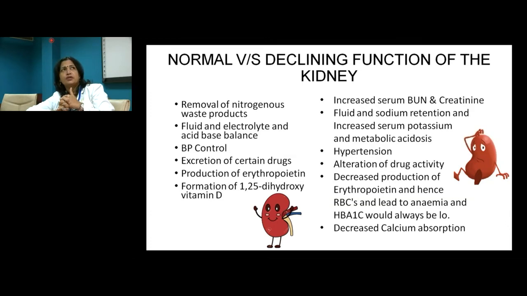It involves excretion of certain drugs, production of erythropoietin, and formation of 1,25 dihydroxy vitamin D. But when kidney function is declining, there is an increasing pattern of serum blood urea nitrogen and creatinine, fluid and sodium retention, increased serum potassium and metabolic acidosis, raised blood pressure, alteration of drug activity, and decreased production of erythropoietin and hence red blood cells, leading to anemia, and HbA1c would always be low. Decreased calcium absorption also.